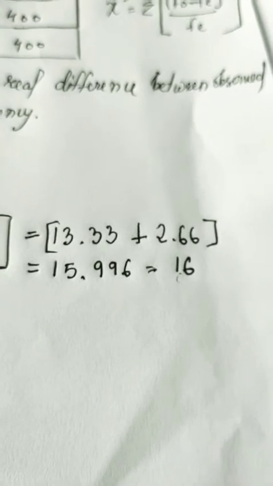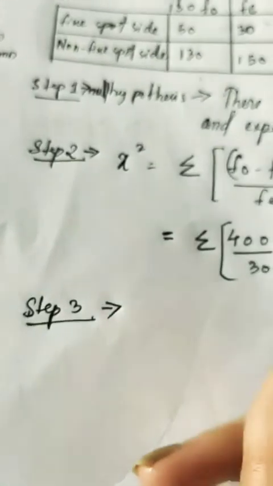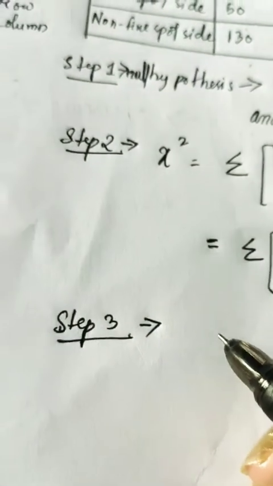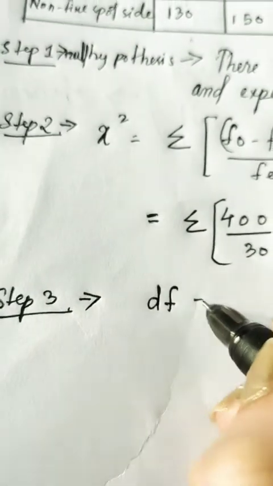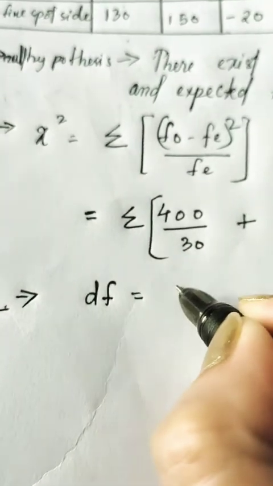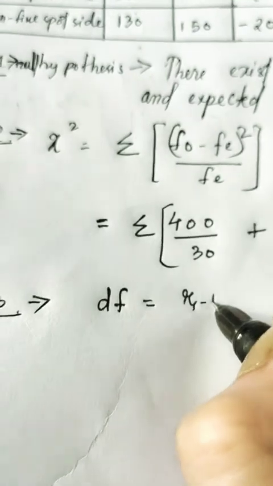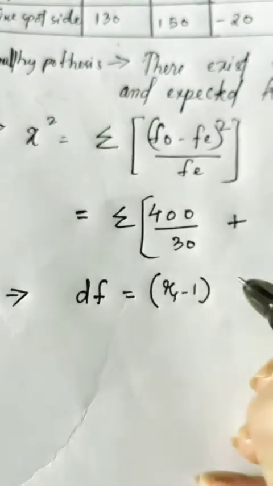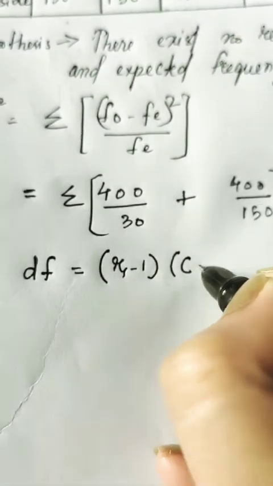Now we have to check with the chi-square table, and to find the value in the chi-square table we have to find its degree of freedom. So step 3 is the degree of freedom. The formula of degree of freedom is df equals r minus 1 into c minus 1.